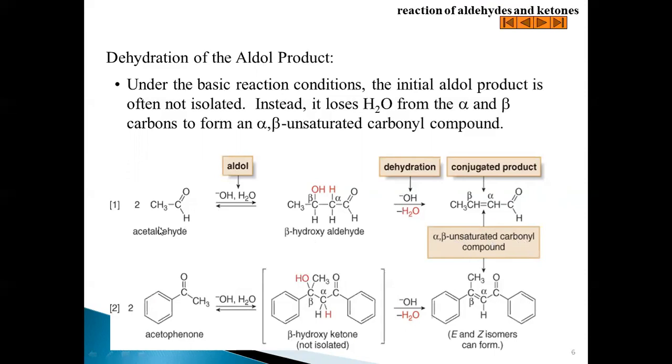So here this is aldehyde, that in alkaline condition will give beta hydroxyaldehyde, and further the hydrogen of alpha carbon and hydroxyl group of beta carbon will be lost as a water molecule, and a double bond will form between alpha and beta carbon, that you can see over here. So conjugation is observed. Conjugation means alternate single and double bond. So a conjugated product is observed over here due to dehydration.